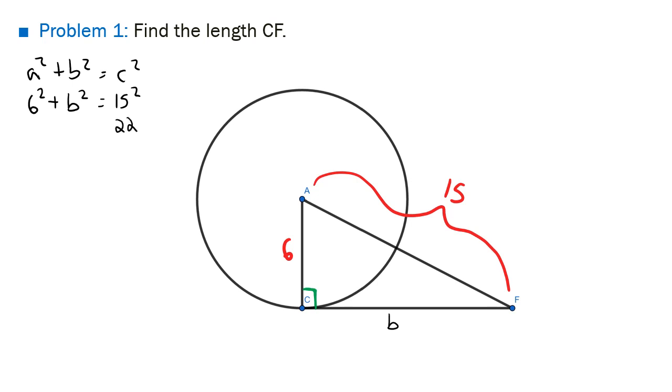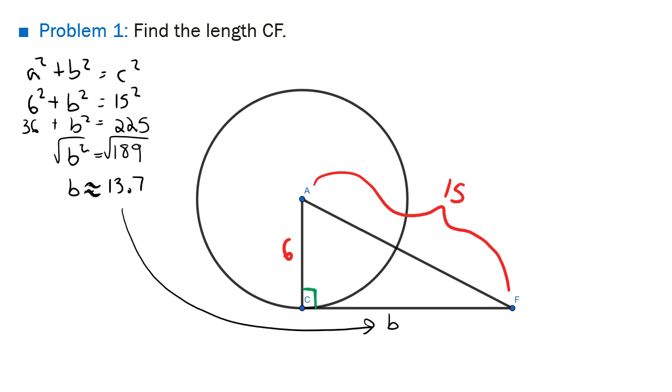We got 225, we got the b squared, and we got 36. We want to get b squared by itself, so we minus the 36 over. We get 189. We want to square root both sides, and we're going to get a decimal. That is roughly 13.7. We're going to round to the nearest tenth. And we have found CF.